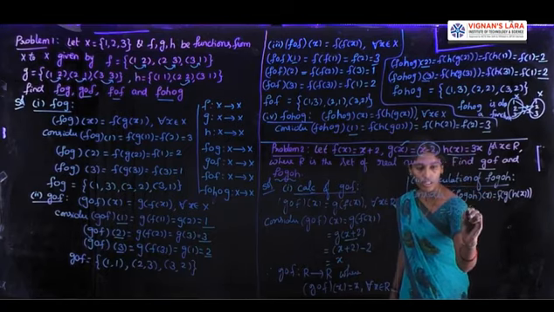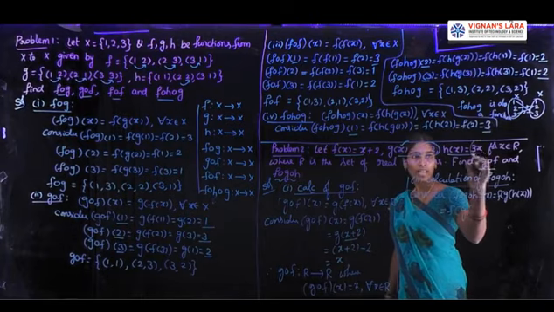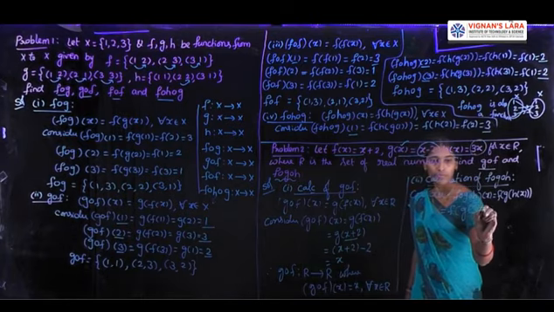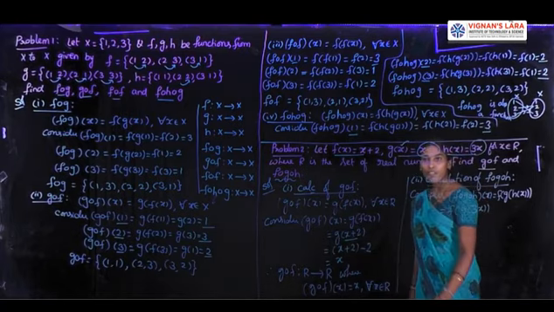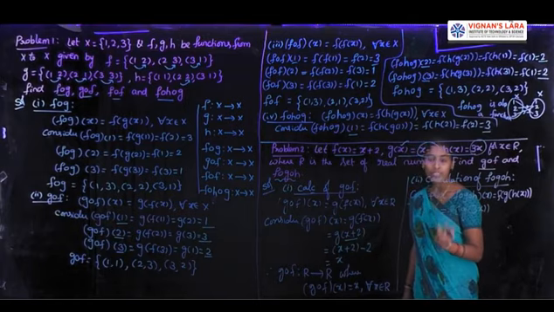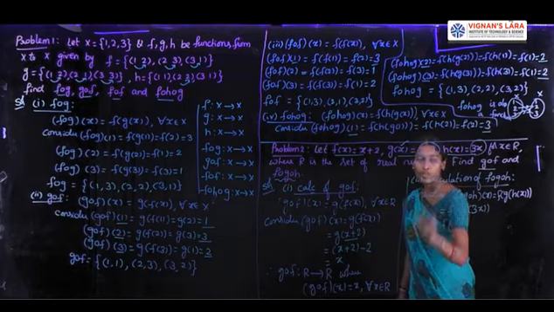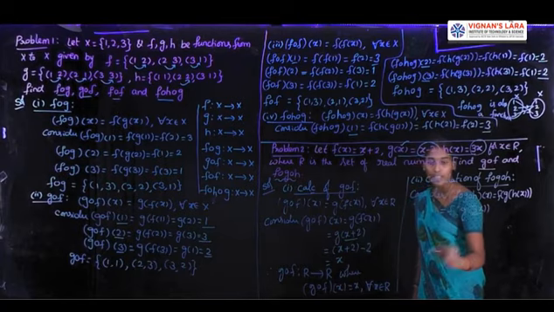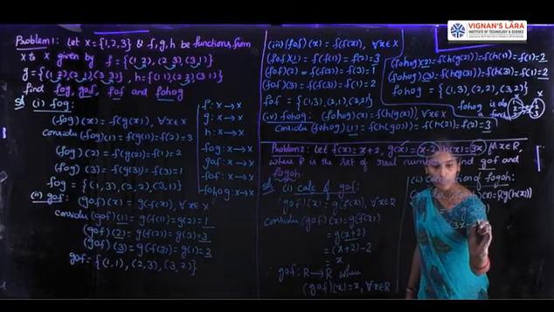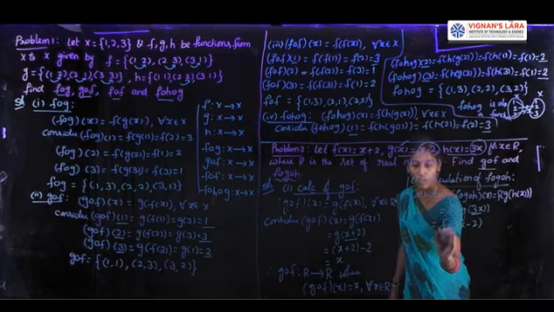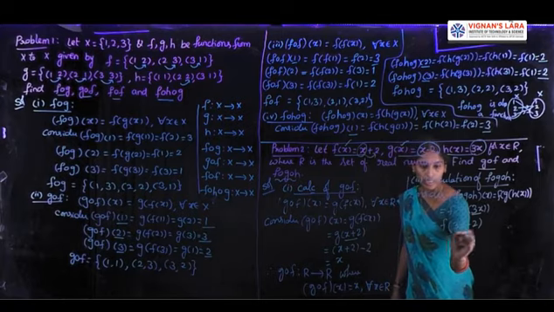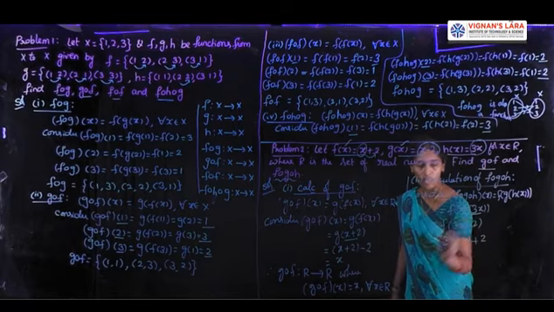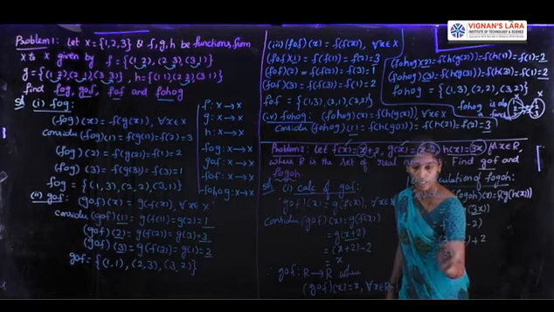H of x is defined as 3x, and g of x is defined as x minus 2. In the place of x we have 3x, so 3x minus 2. Now, again f of x is equal to x plus 2. Here inside the bracket we have 3x minus 2, the value plus 2, which is equal to 3x.